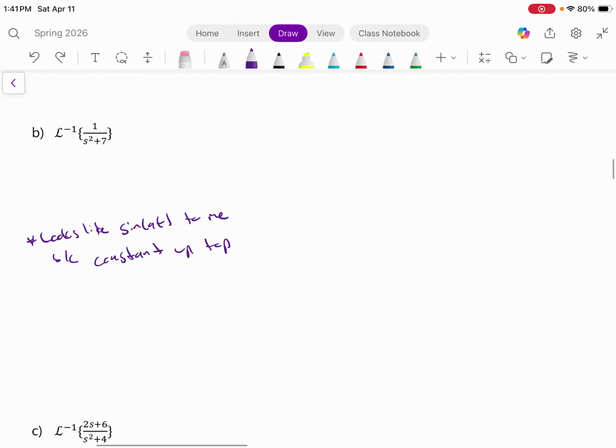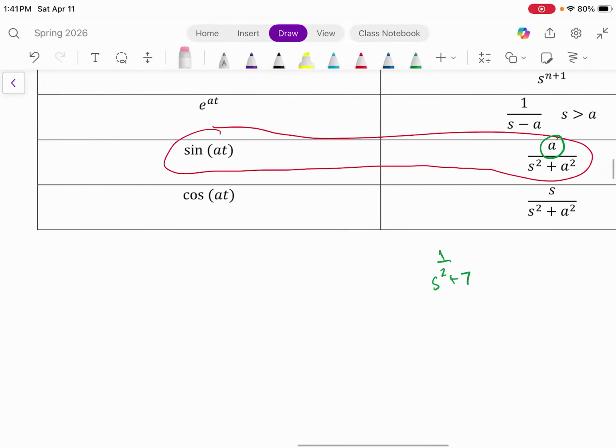And just to have handy with us, sine of at, the Laplace transform of that is a over s squared plus a squared. It's not a squared up top, it's just regular a. And I'm getting that from here.